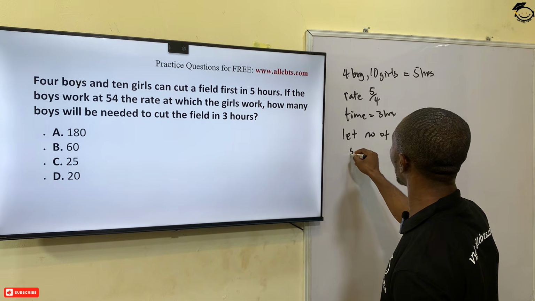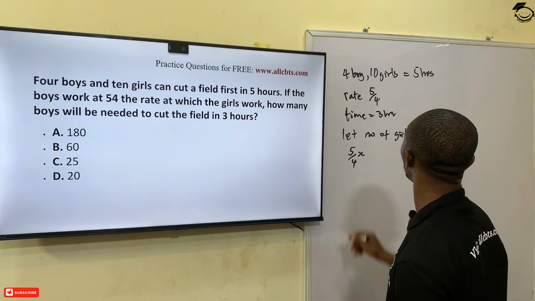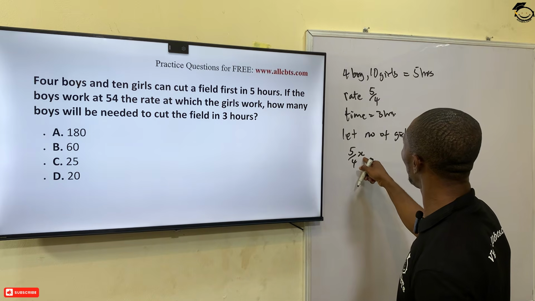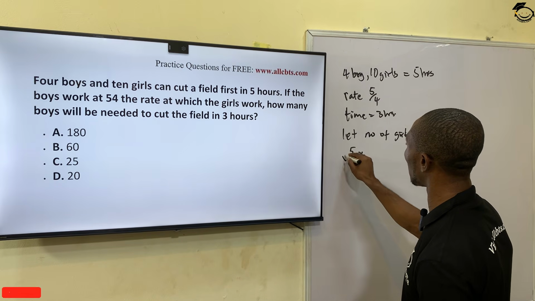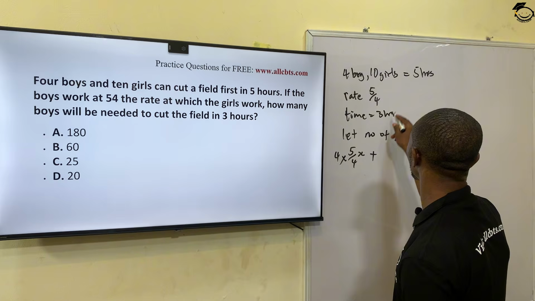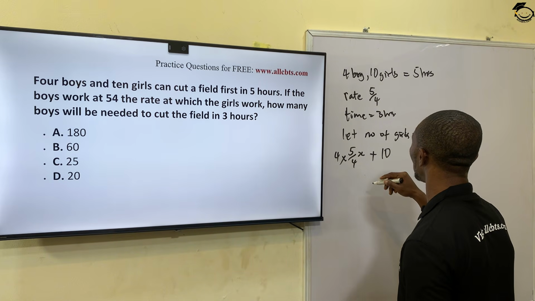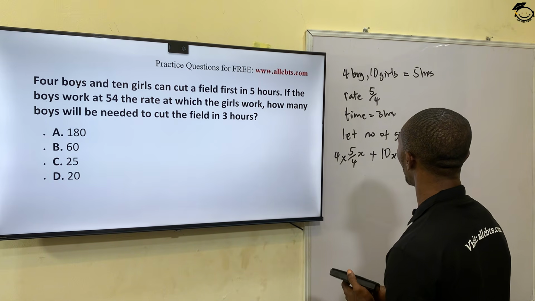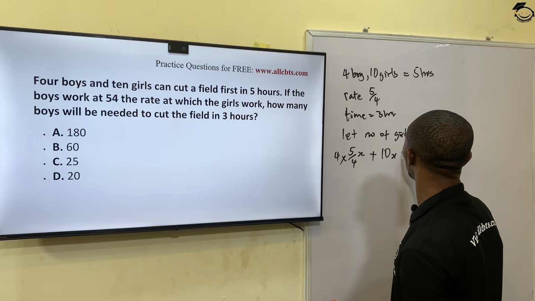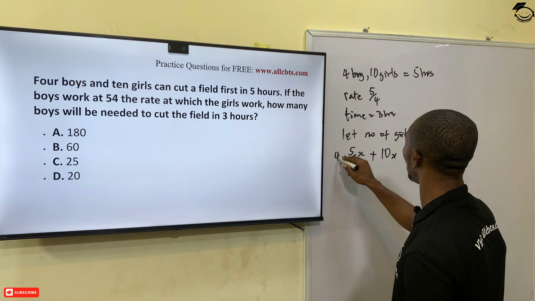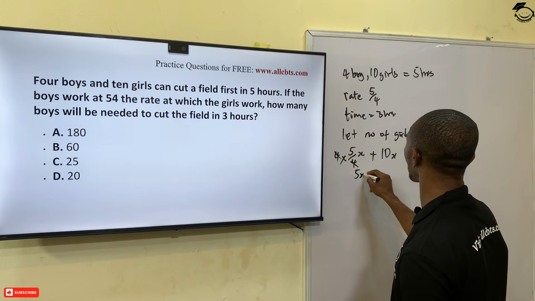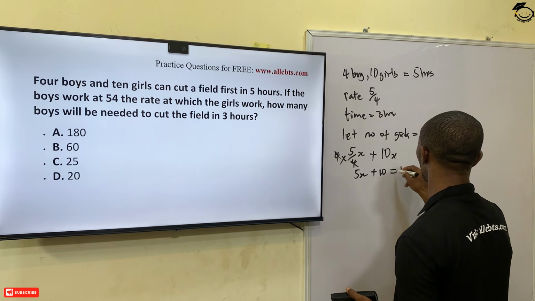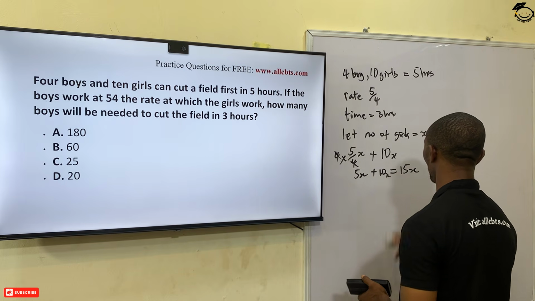So we have 5/4 x, which is the number of girls that work at this rate, times our boys, plus the number of girls working at that rate, which gives us 5x plus 10, which will give us 15x.